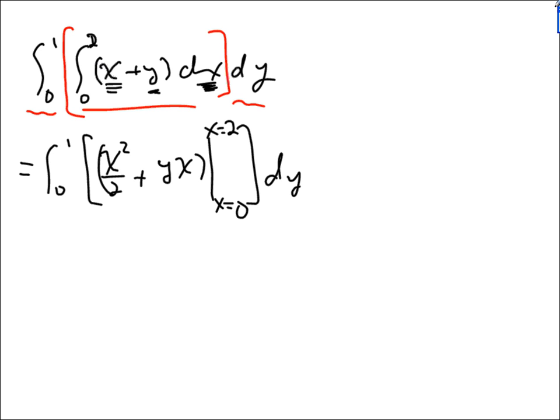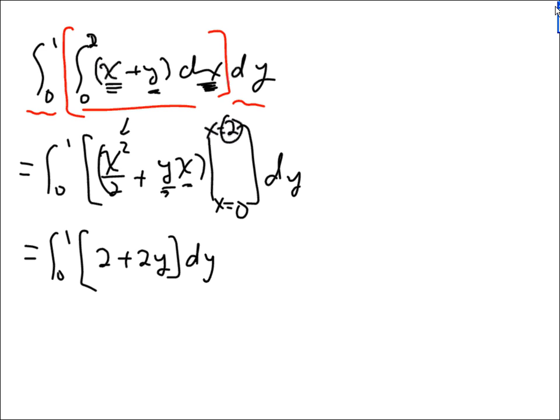It's important to realize that it's x's that go to x equals 0, x equals 2. Otherwise, you might be likely to plug in the value for y. So when you plug in 2, you get 2 squared over 2, which is just 2, plus y times 2, which is 2y. And when you plug in 0, you get 0.